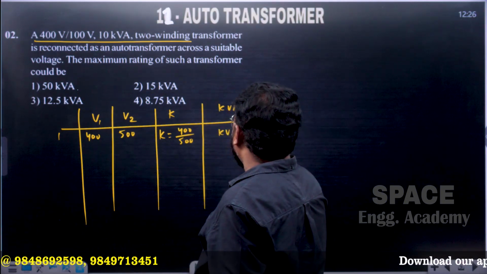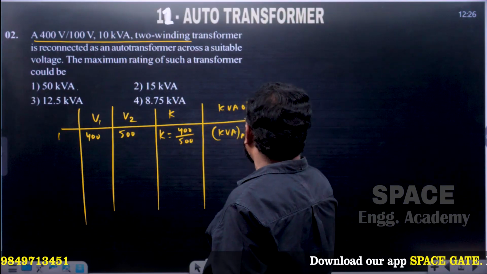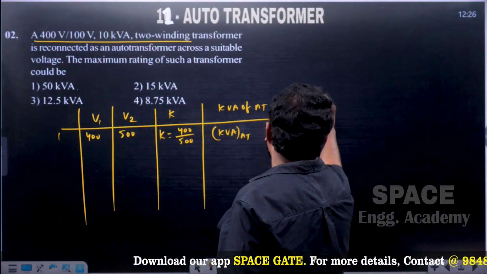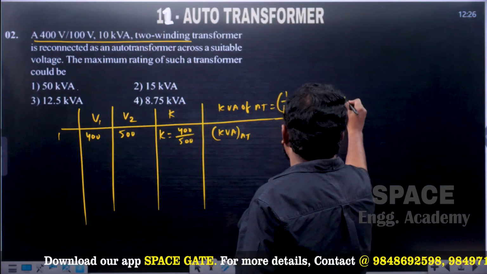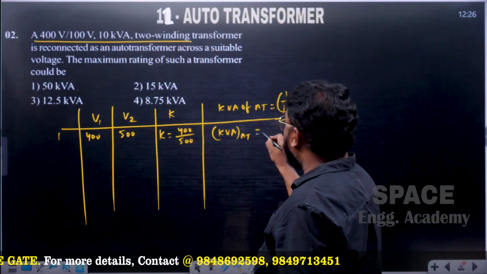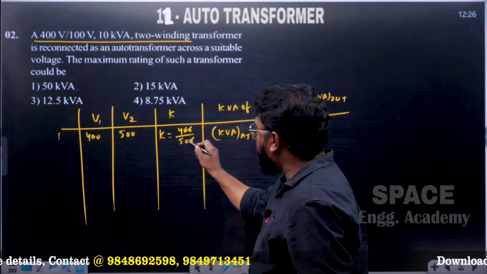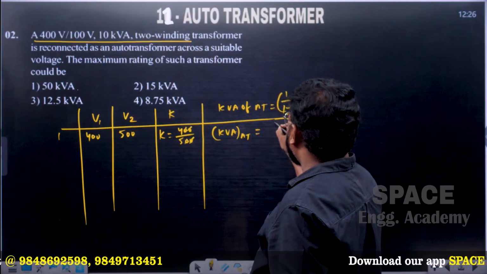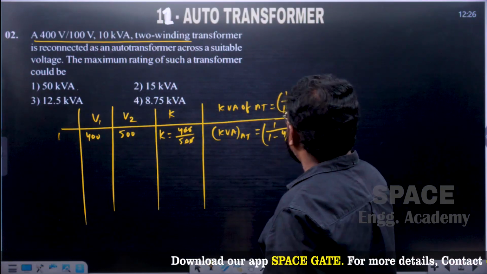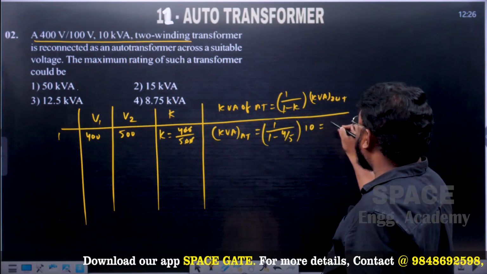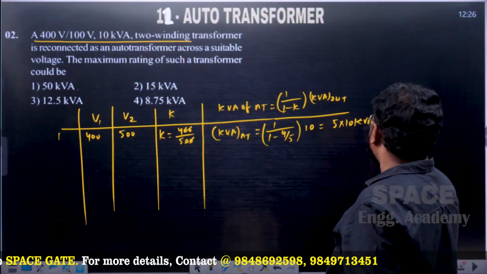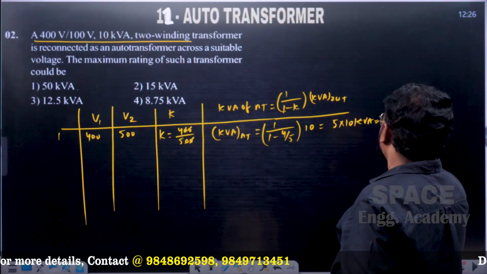We know this formula: 1 by (1 minus K) into the KVA rating of the two-winding transformer. Here 4 by 5 is the answer, so 1 by (1 minus 4 by 5), multiplied by 10. Simplifying, 5 into 10 kVA is equal to 50 kVA. So here we got 50 kVA.